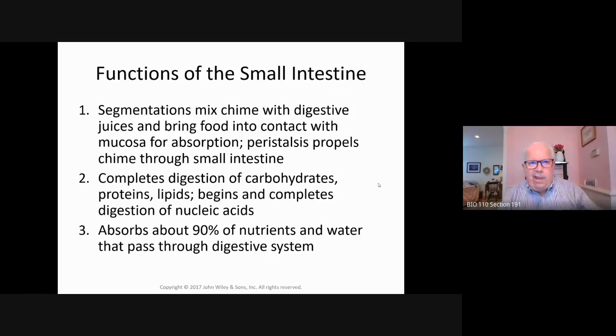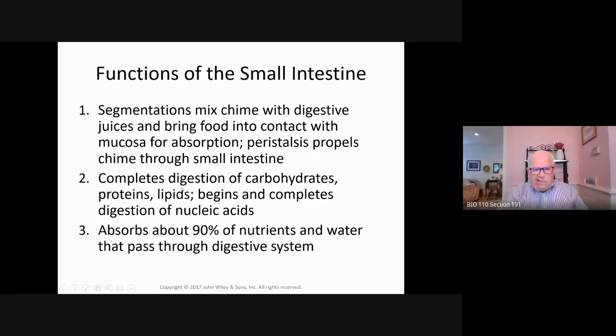In the stomach, it's the rugae. In the small intestine, it's segmentations. 90% of all absorption in the GI tract into the bloodstream is done in the small intestine.